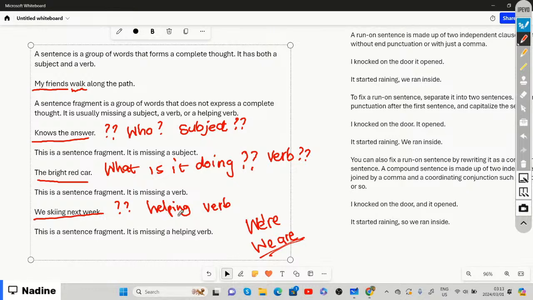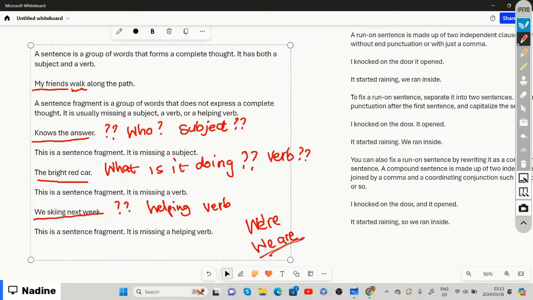So basically, a sentence is a group of words that forms a complete thought. That is a sentence, right? And a sentence has both a subject as well as a verb. And then we have a sentence fragment. A sentence fragment is a group of words that does not express a complete thought.